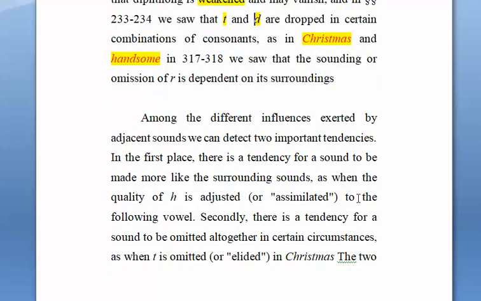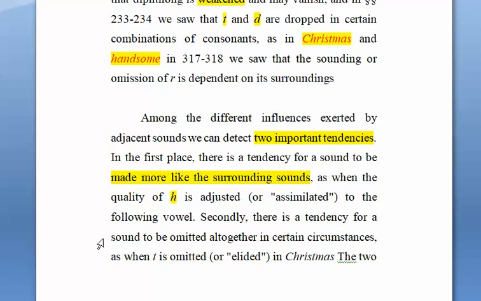Among the different influences exerted by adjacent sounds, we can detect two important tendencies. In the first place, there is a tendency for a sound to be made more like the surrounding sounds, so a sound influences its neighbor, as when the quality of L is adjusted or assimilated to the following vowel.